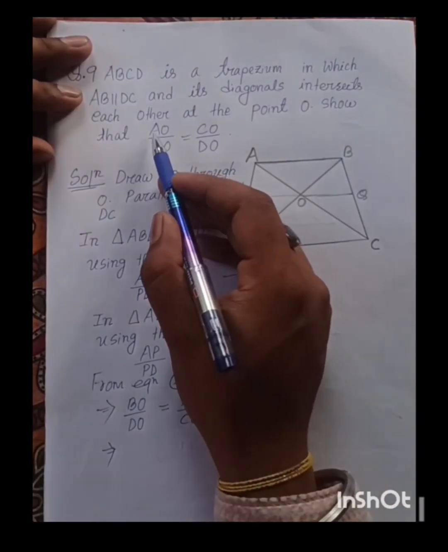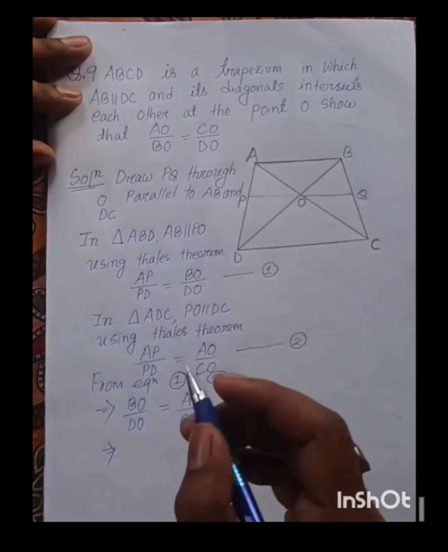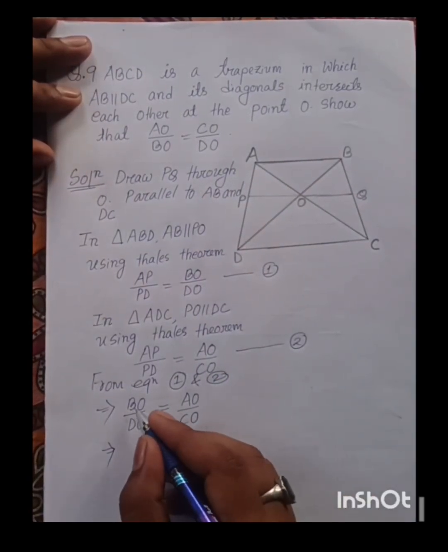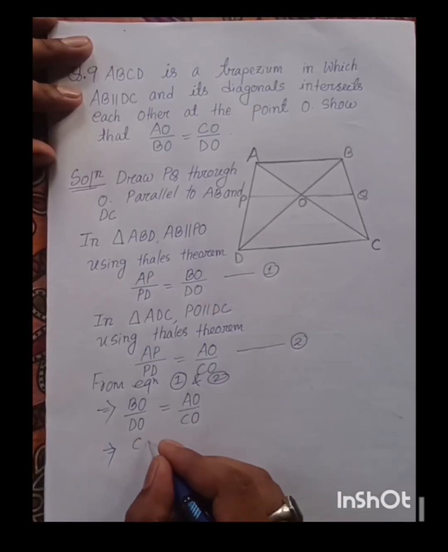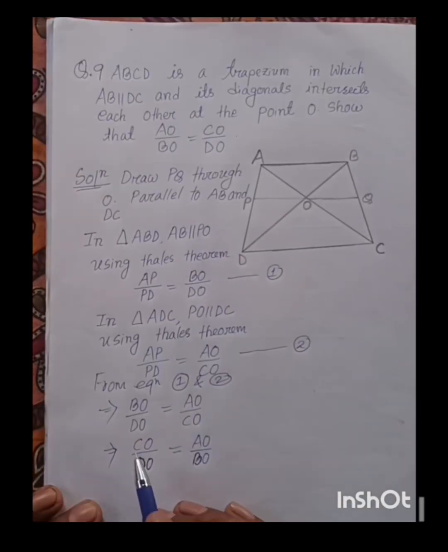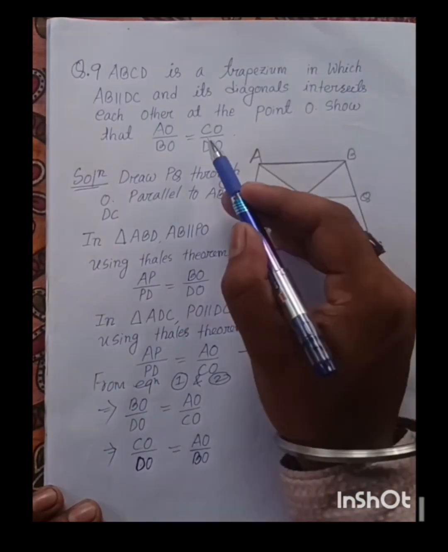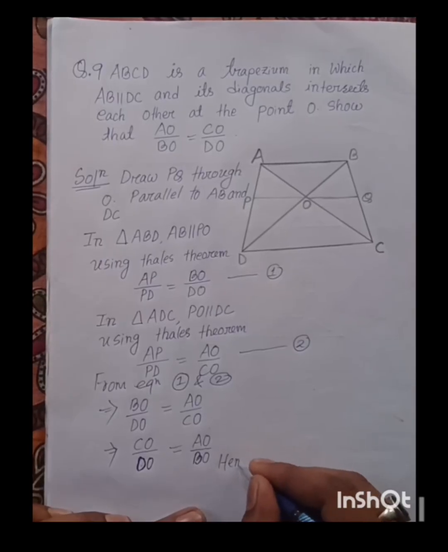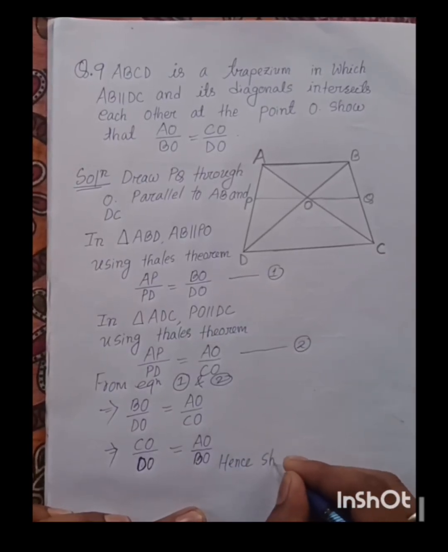In our proof we have AO by BO equal to CO by DO. Now just you interchange this value. CO I'll take here and BO I'll bring here. Means I'll write CO by DO equal to AO by BO. So CO by DO equal to AO by BO. Hence shown.